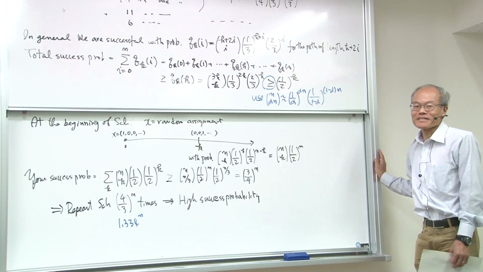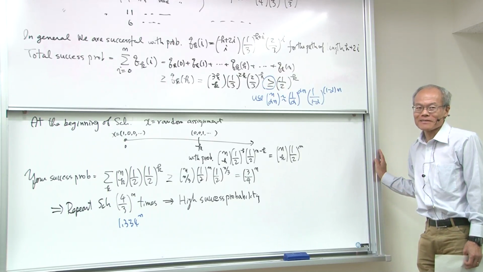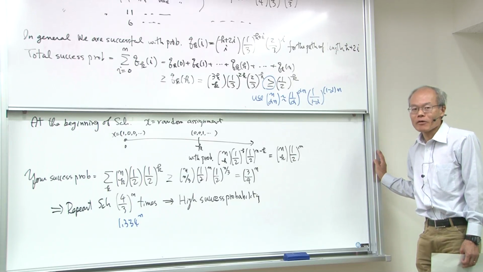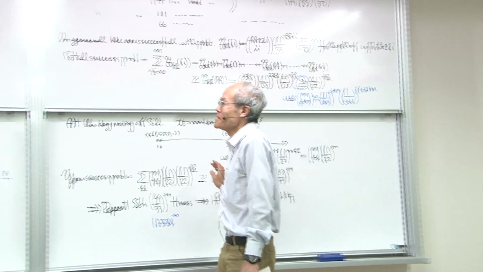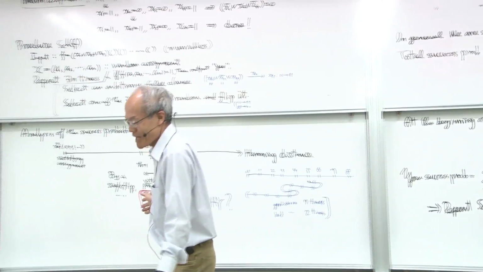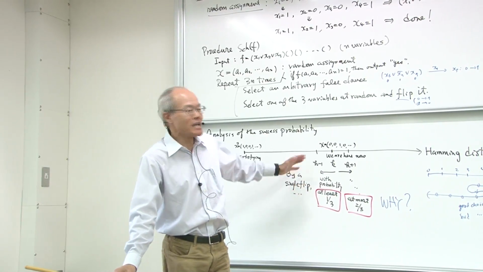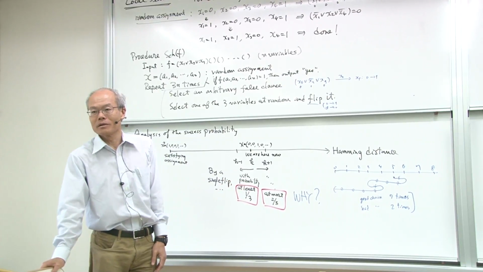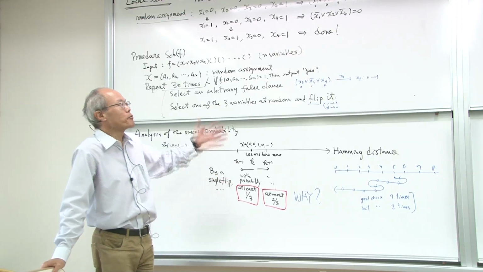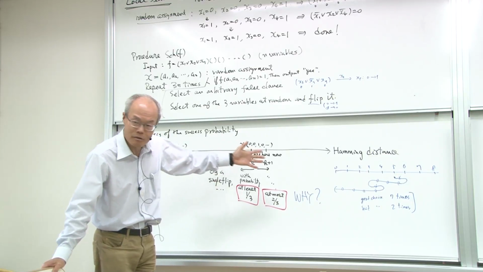But of course, this is a very nice example for local search. Usually, it's not that simple. It's not that easy. That means you need to find this kind of very nice property, very nice mechanism for your local search. This problem, 3SAT, does have this kind of good property.